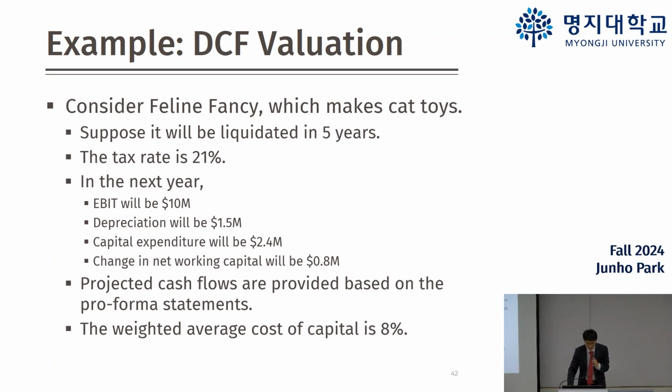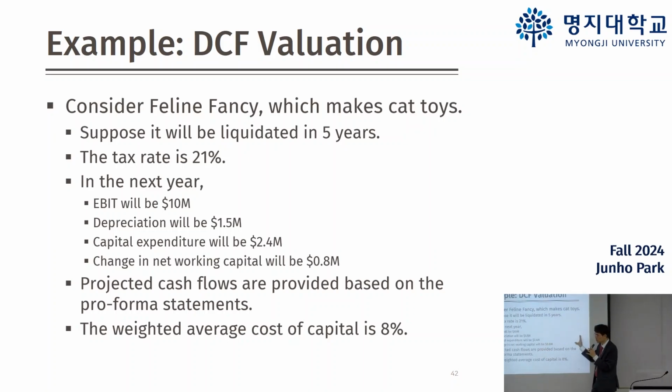And in the previous chapter, chapter 14, we learned that these free cash flows should be discounted with respect to the weighted average cost of capital. So this is also given as 8%.